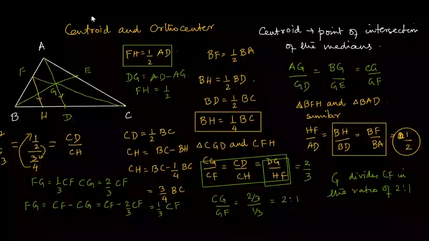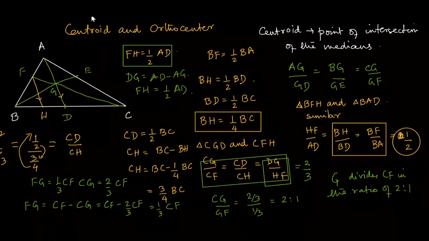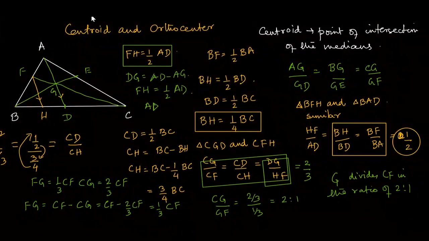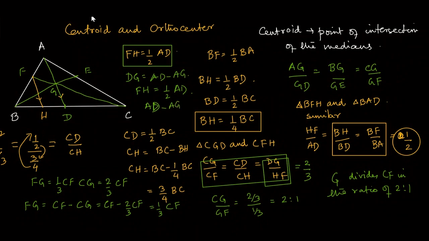So that means DG over FH will be AD minus AG over half of AD.